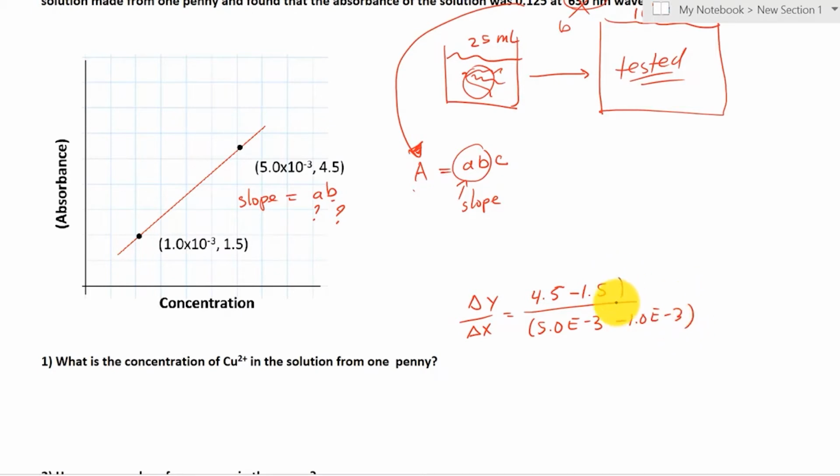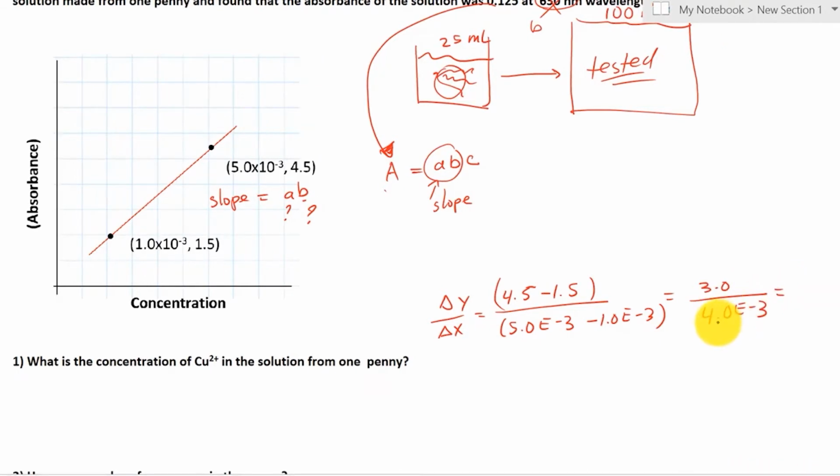And this gives us, what do we have? On top would be 3.0, on the bottom would be 4.0 e to the negative 3. Let's plug this into our calculator, 3.0 divided by 4.0 e to the negative 3, and that turned out to be 750.